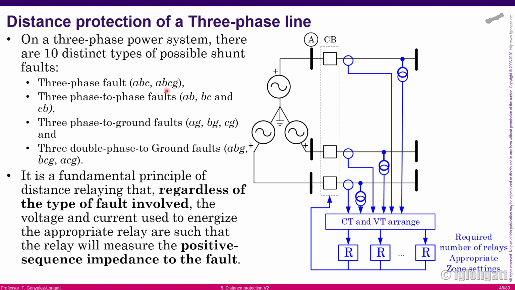But also we have three combinations of two-phase faults. Then we have three combinations of phase to ground faults. And finally, we have three more combinations of double phase to ground faults, okay? What I'm trying to say is there is a big number of possible combinations of faults, okay?